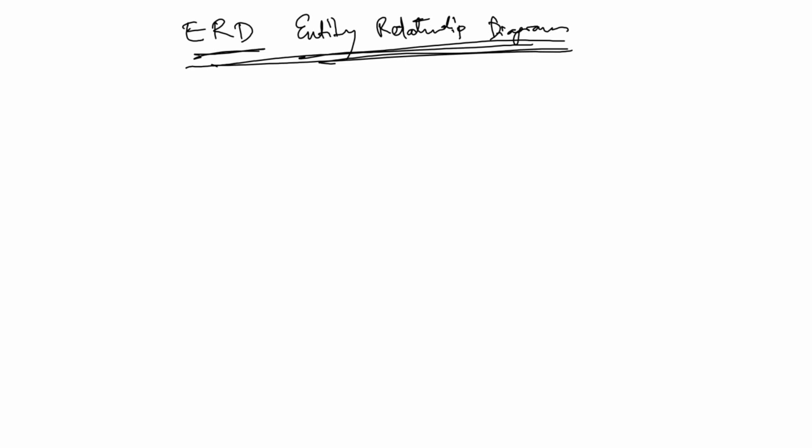They came from back in the day when databases started coming out, and it was a very conceptual thing. Today we have UML and modeling tools, but your entity relationship diagrams are still important because they help us create the database.